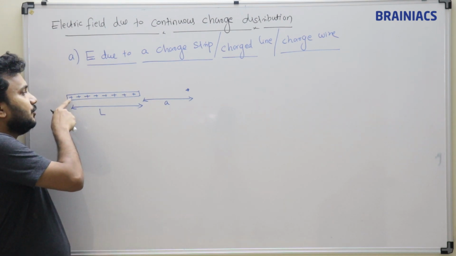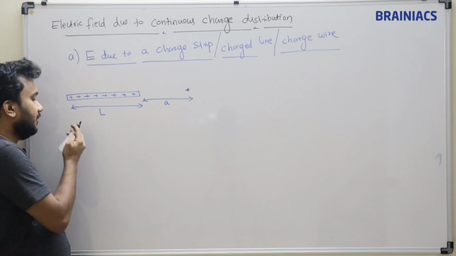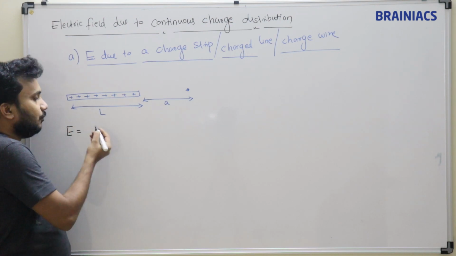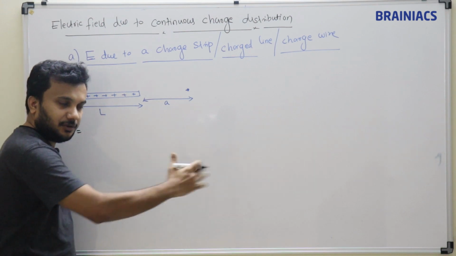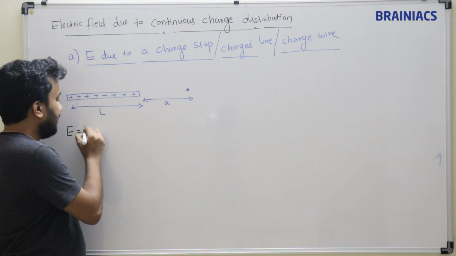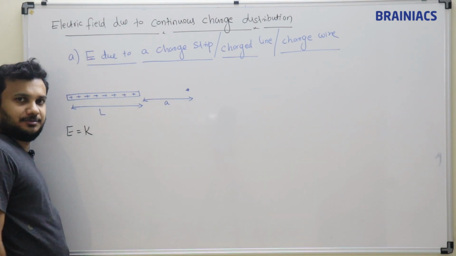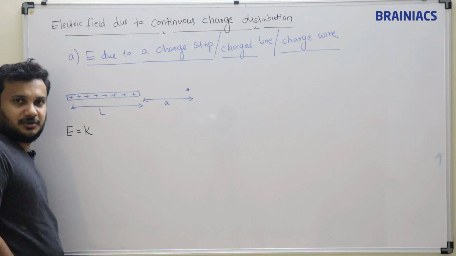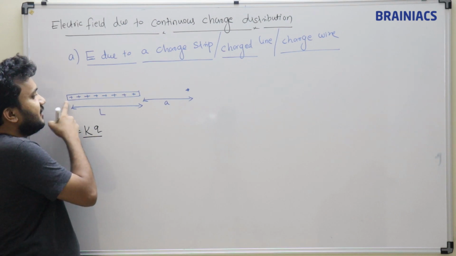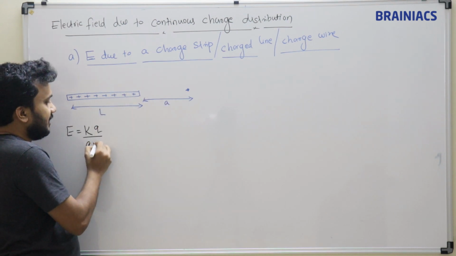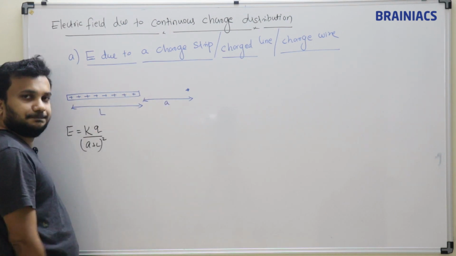The electric field intensity due to this charge, we know E equals 1 by 4 pi epsilon 0. For that 1 by 4 pi epsilon 0, from here onwards I am going to write K as a short form. So K is equal to 1 by 4 pi epsilon 0, and E equals KQ divided by the distance from here to here, which is A plus L, the whole square.